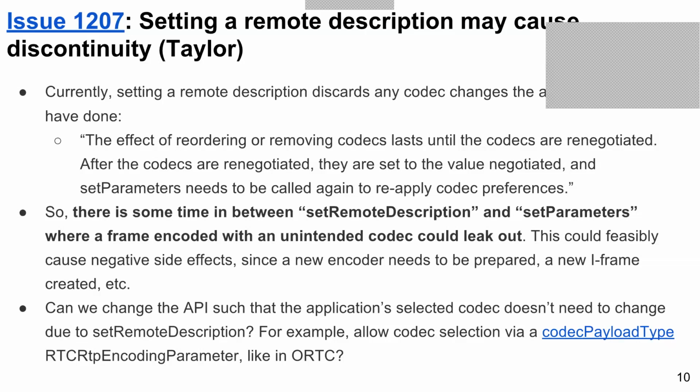WebRTC has a codec payload type field in the encoding parameters. So basically, you use the payload type to point to one of the codecs. And if we use that, then we could just say that as long as the previously selected codec is still in the list in the new remote description, it stays as the selected one.